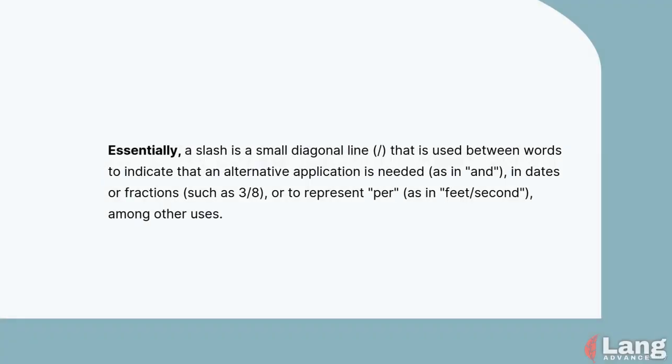Essentially, a slash is a small diagonal line that is used between words to indicate that an alternative application is needed, as in and/or, in dates or fractions such as 3/8, or to represent per, as in feet/second, among other uses.